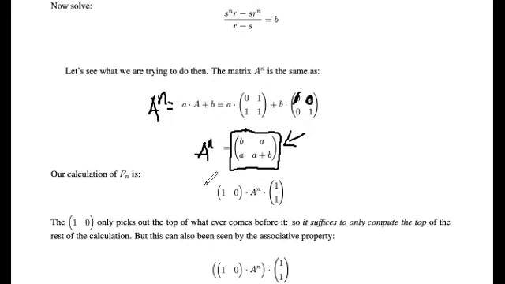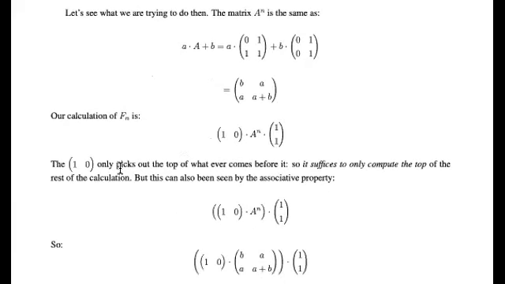Our calculation of Fn is, because this is F0 and that's F1, this matches what our calculation was above. And if we keep going, 1, 0 only picks the top of what comes before it. So 1, 0 picks out the top. It'll just pick out B, A, actually, which is kind of nice. Just picks out B, A, 1, 1. And so we actually end up just getting in the calculation A plus B, which is kind of nice.